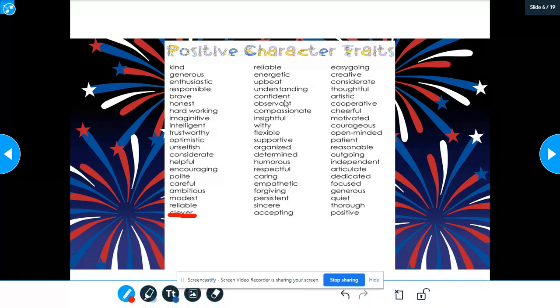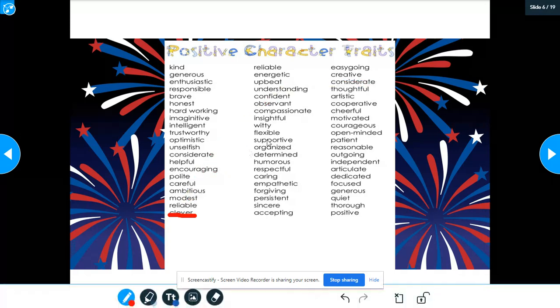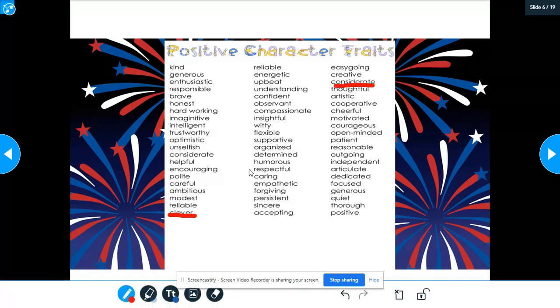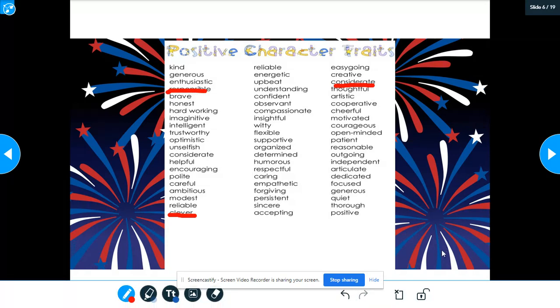And you're going to underline the 3 characteristics. So you might say considerate, clever, and responsible. So you would then make sure that you save that slide, and that's the 3 characteristics that you're going to go with.